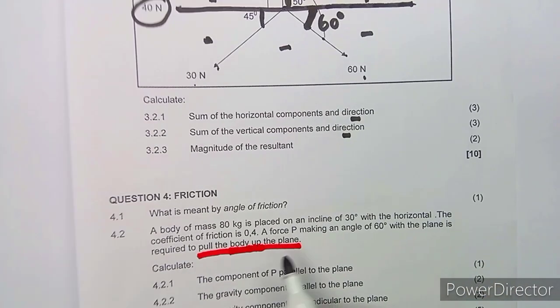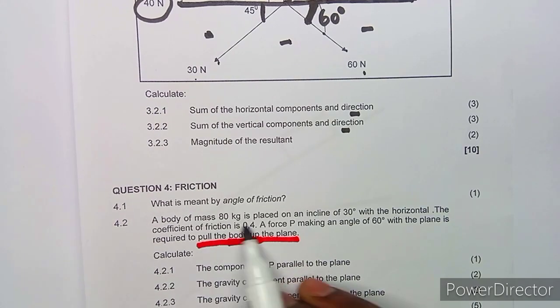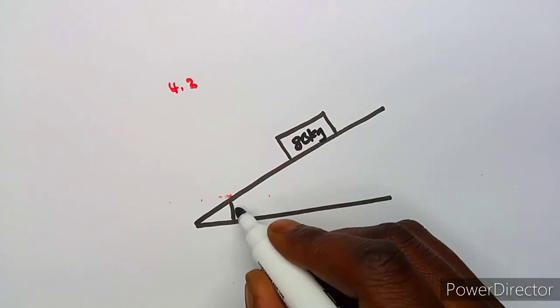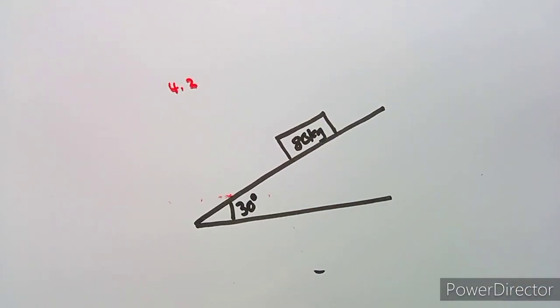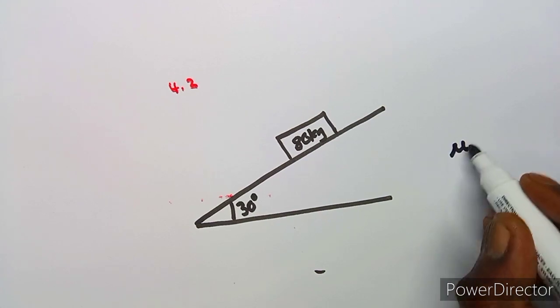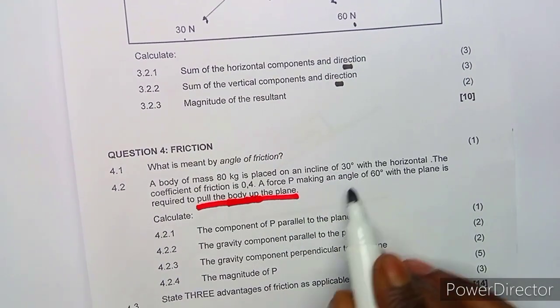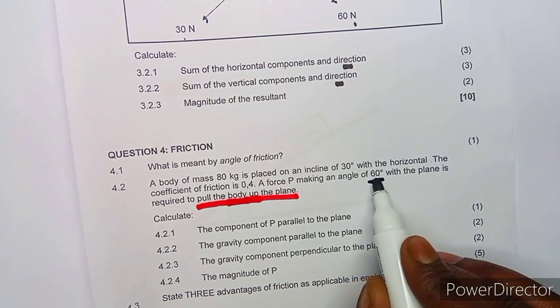With an angle here of 30 degrees. This is your 80 kgs here with 30 degrees. That is what we had on a normal body, with its coefficient of friction normally as 0.4, the one that we are given. But now there's a force P which is going to make an angle.